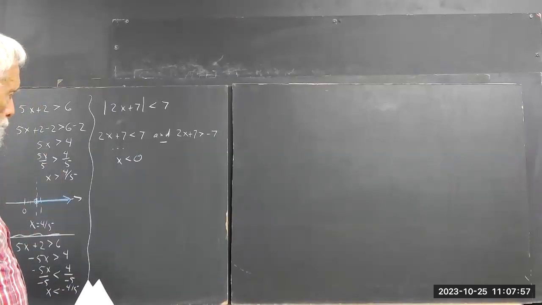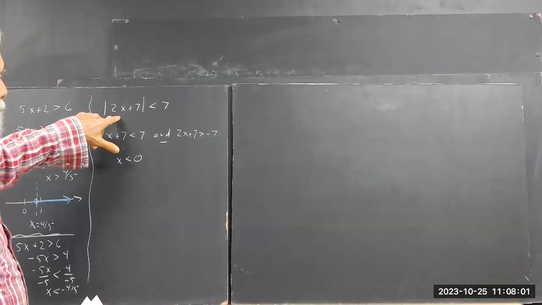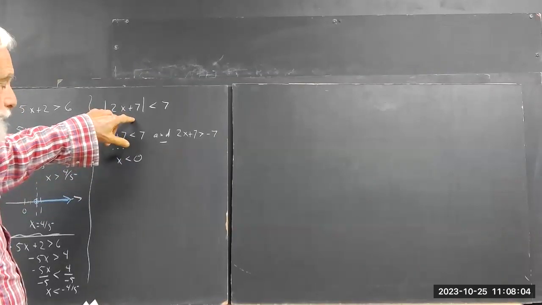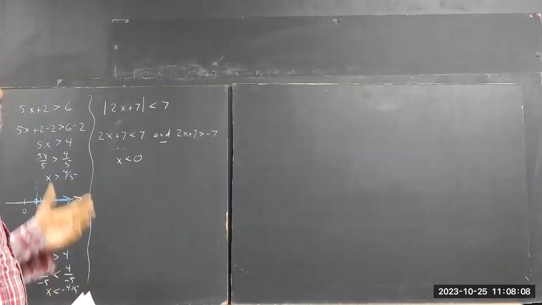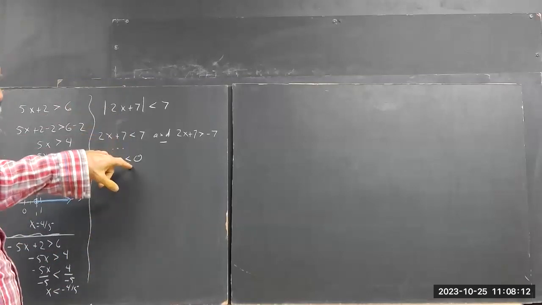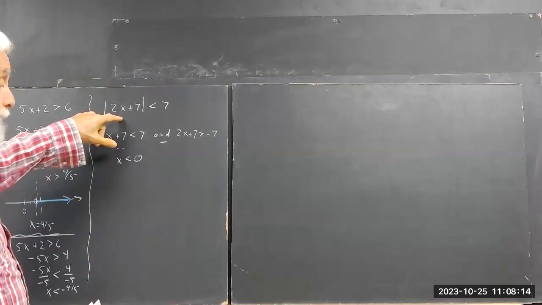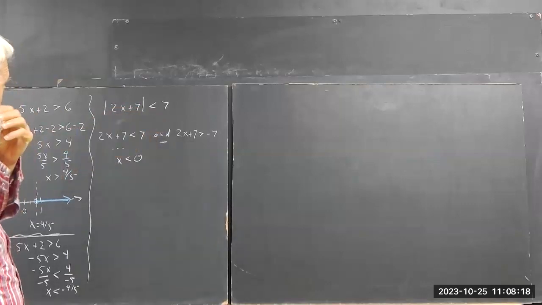Now, just to check that out before we go on, if x was 0, we'd have 2 times 0 plus 7, we'd have 7 less than 7. Well, 7 isn't less than 7, it's equal to 7, but if x is then less than 0, 2x will be some negative number, that'll make this less than 7, and that's probably going to work.